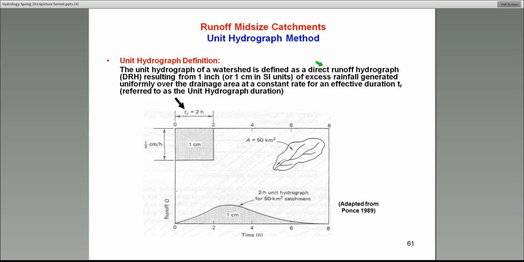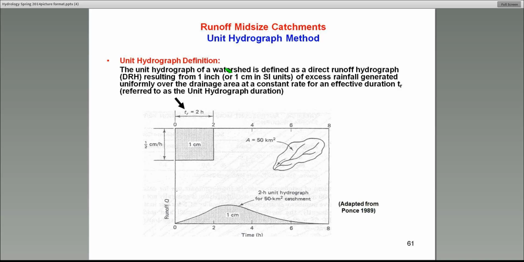Remember I showed you how to calculate the volume under a direct runoff hydrograph in a previous example. I call it DRH, direct runoff hydrograph. It is associated with the watershed due to 1 inch of rainfall or 1 centimeter. Please do not do unit conversions here. If they give it to you in SI units, work the problem in SI. If it's given in US units, work it out in US.